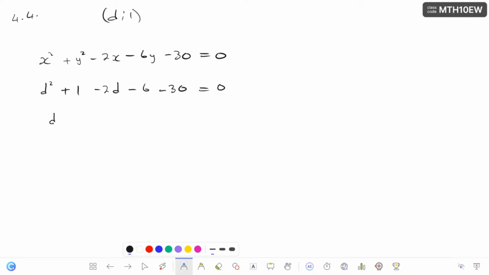So this one is going to be d² - 2d. Are we calculating d or b? Yeah, it's d. So then we need to add the constants: 1 minus 6 minus 30, which is going to be minus 35 = 0. So we need to simplify.